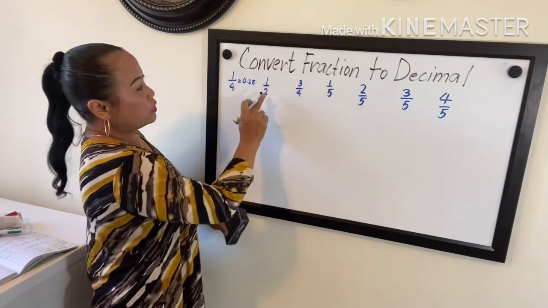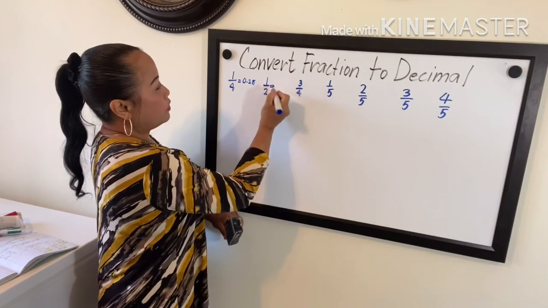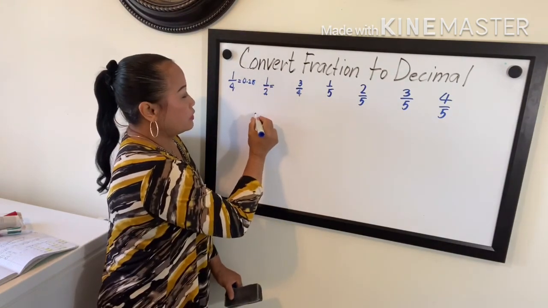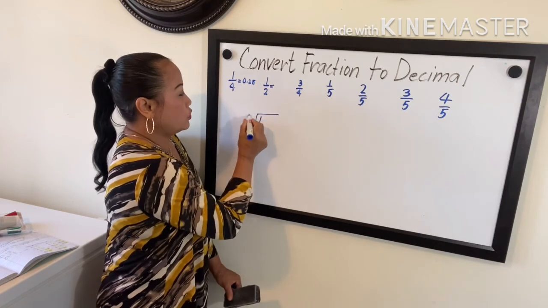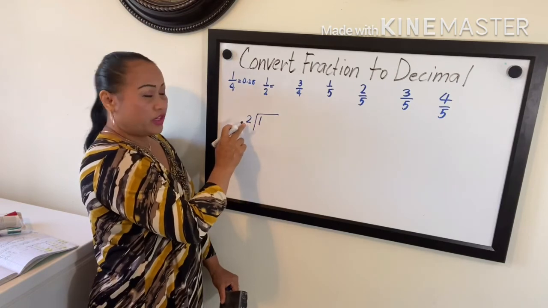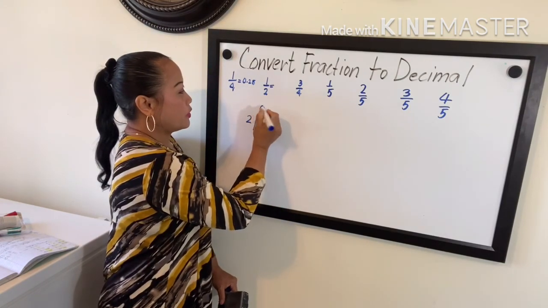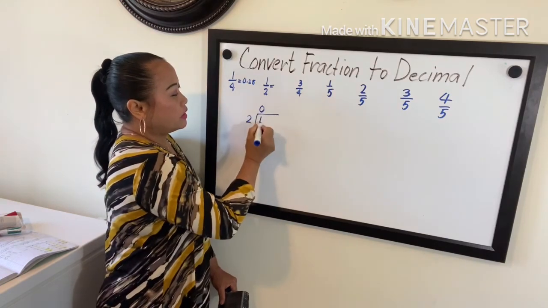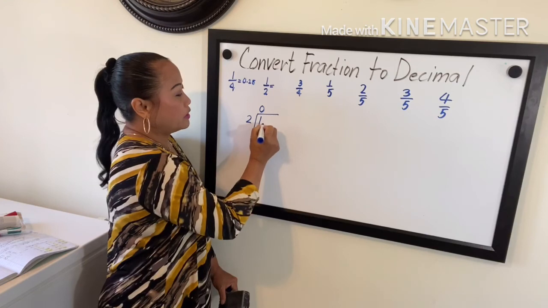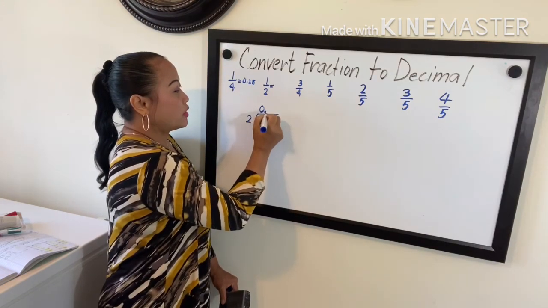Let's solve 1/2. Okay, so 1 divided by 2. So again, 1 divided by 2 is 0. So we'll put 0 here. And then we'll add a decimal point here. And after adding the decimal point, you have to put it on top in the quotient straight here.